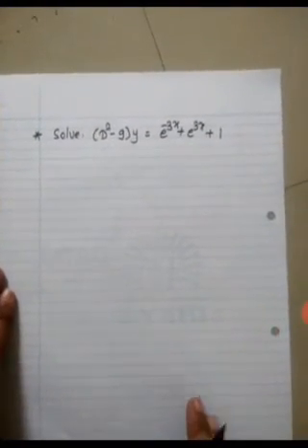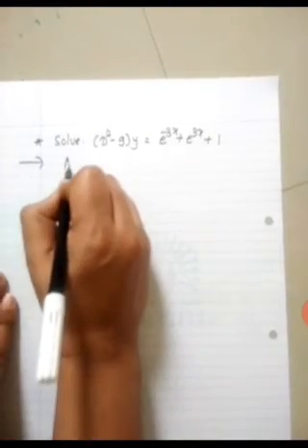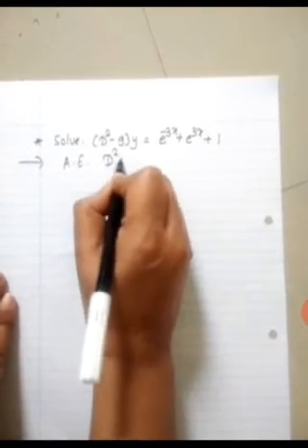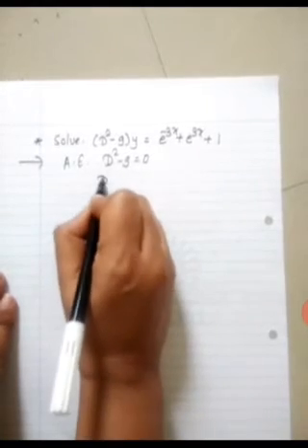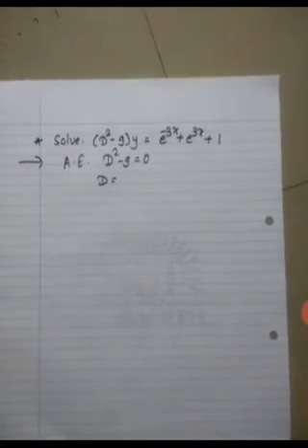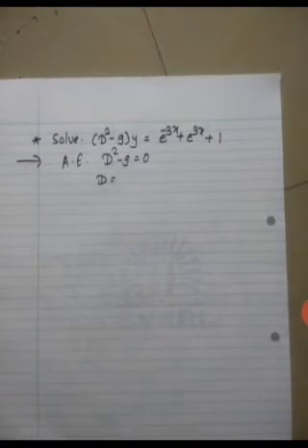Write down the auxiliary equation, d square minus 9 is equal to 0, and tell me the roots. I'll be waiting for your answer. Tell me the roots.